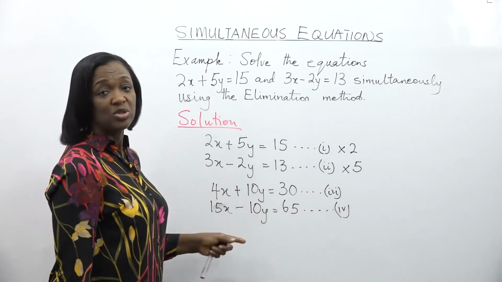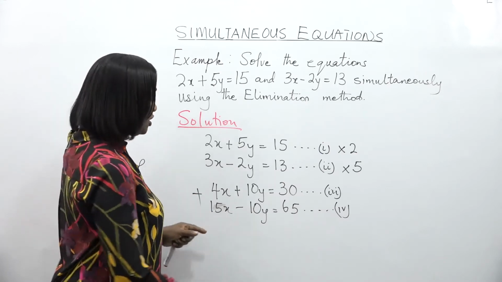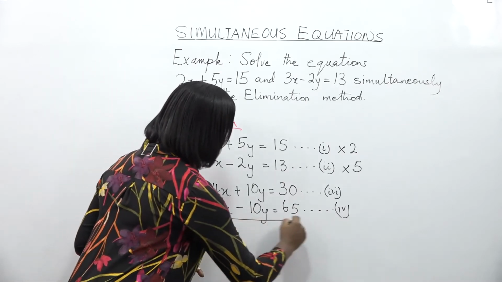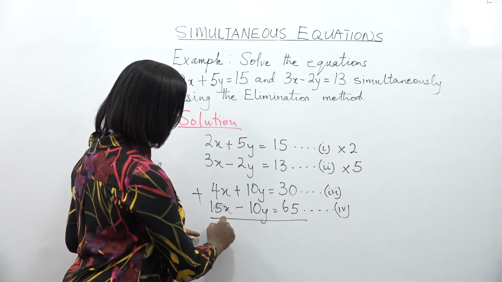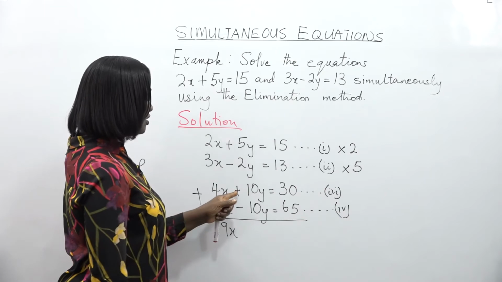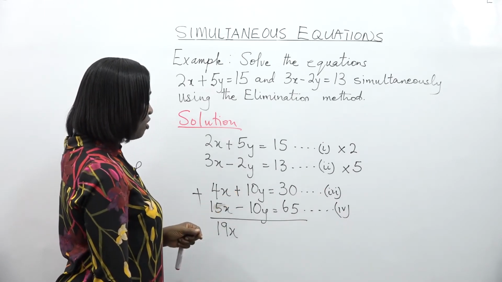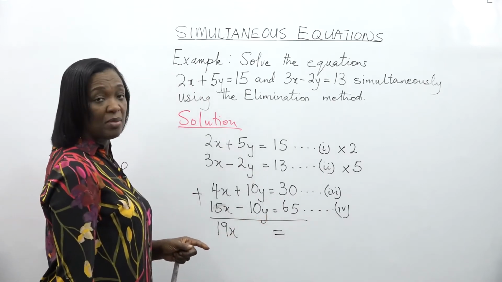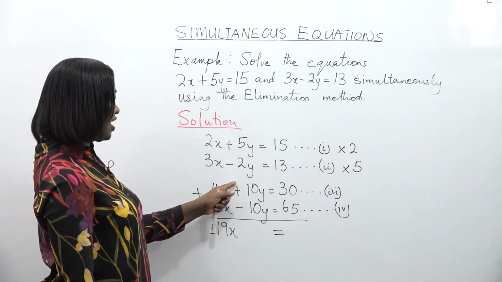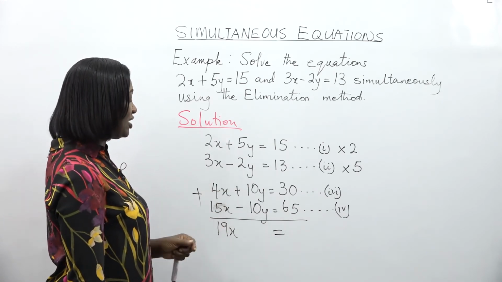To be able to eliminate y, we add equation 3 and 4. So we have 4x plus 15x becomes 19x. 10y minus 10y becomes 0. So we eliminate the y because this is positive 10 and we're adding negative 10 to it, so it becomes 0. So y is eliminated.